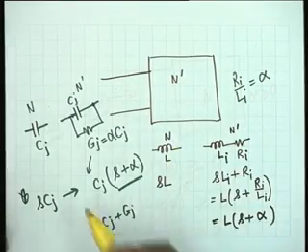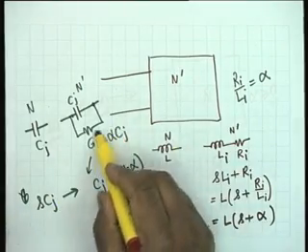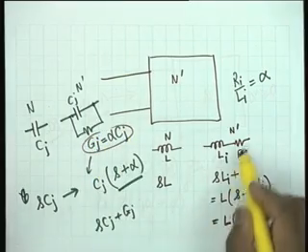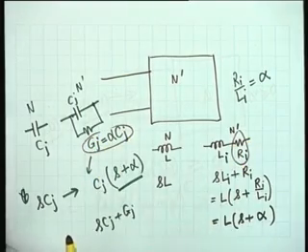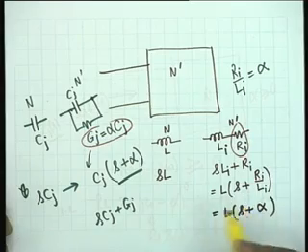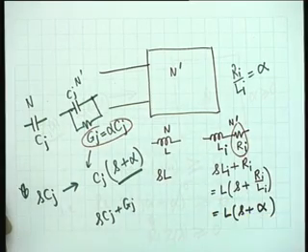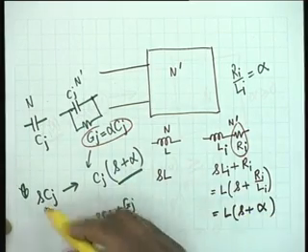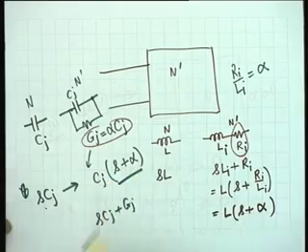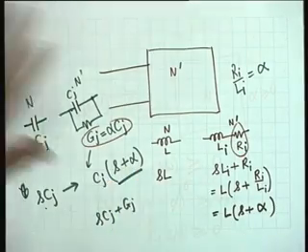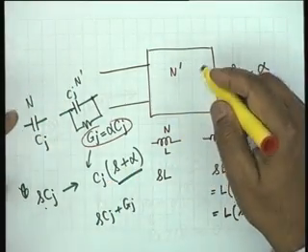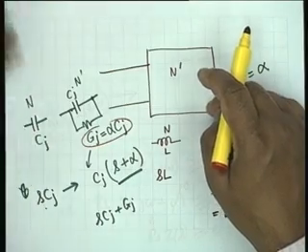In N prime, we added conductances in parallel with capacitors and resistors in series with inductors in such a manner that each SL now becomes L times S plus alpha and each SC becomes C times S plus alpha, and therefore all that changes in N prime is that S is replaced by S plus alpha.